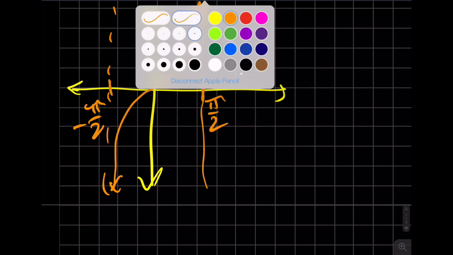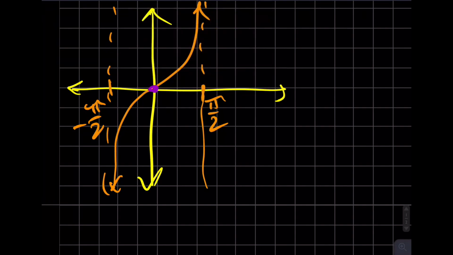And I told you these anchor points, again, change color so it's easier to see: 0, 0, and pi over 4, 1. And there's another one over here that you could identify at negative pi over 4, -1. But you really only need 2. Or if you needed to plot those, you have to choose them. So if you're somebody outside of my students that has to plot this, you're going to want to plot those 3 points and the asymptotes.